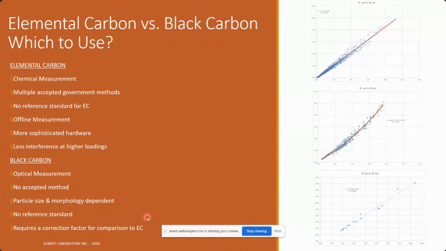Each individual source can be slightly different. And so I encourage people to consider that when making the decision of whether or not they want to quantify elemental carbon or black carbon, or both. It's just something that has to be considered.